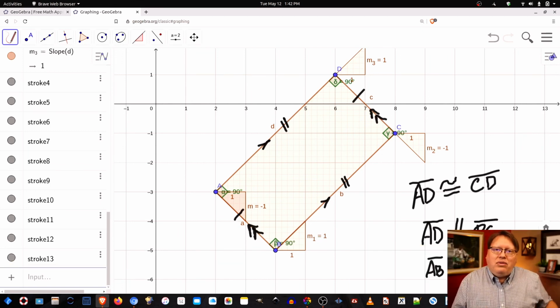But guys, what have we seen here? We've seen that this polygon has sides that are opposite each other that are both equal and parallel. We have right angles at each vertex. And what that tells us is that this is a parallelogram, but in particular, it is a rectangle.